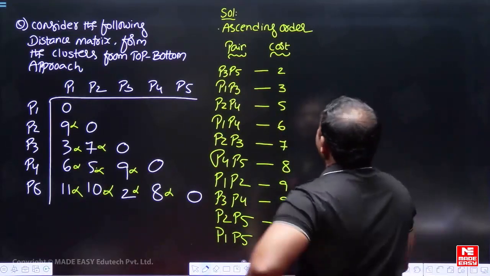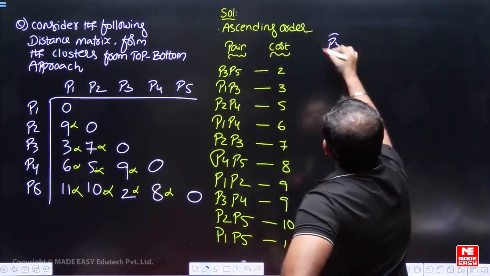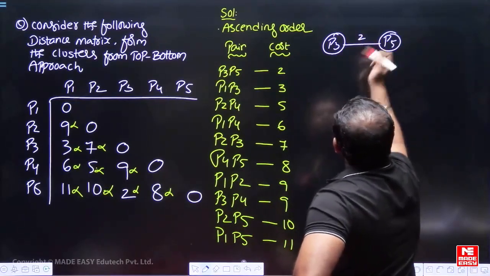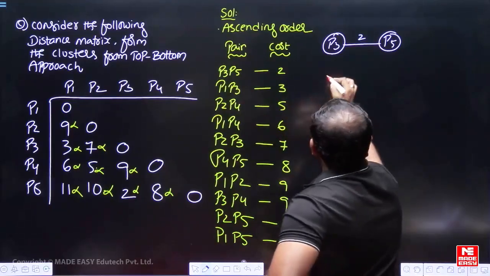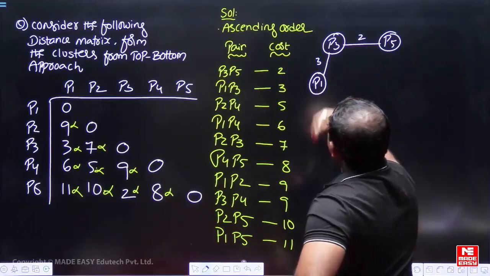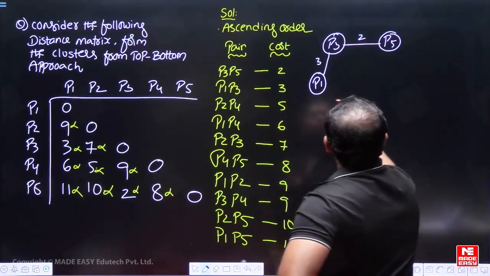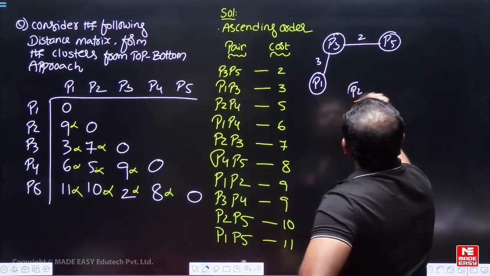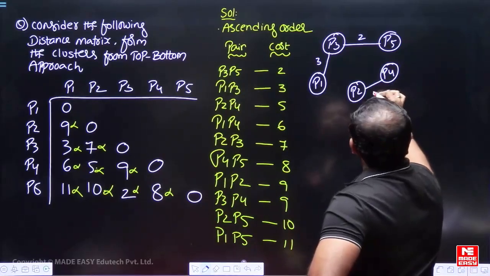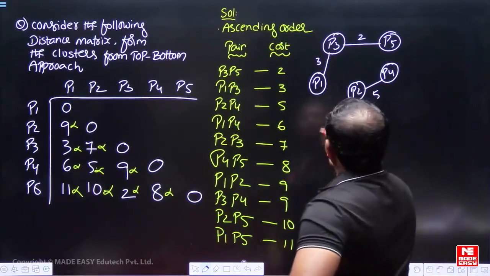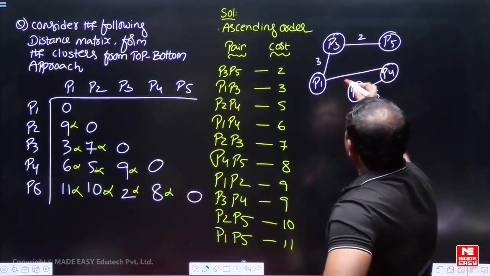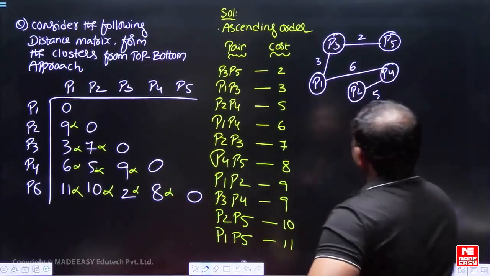construct the spanning tree. So P3, P5, these two data points are connected, cost 2. P1, P3, here P1 connected, cost 3. Then P2, P4 connected, cost 5. Next P1, P4 connected, cost 6. Okay.